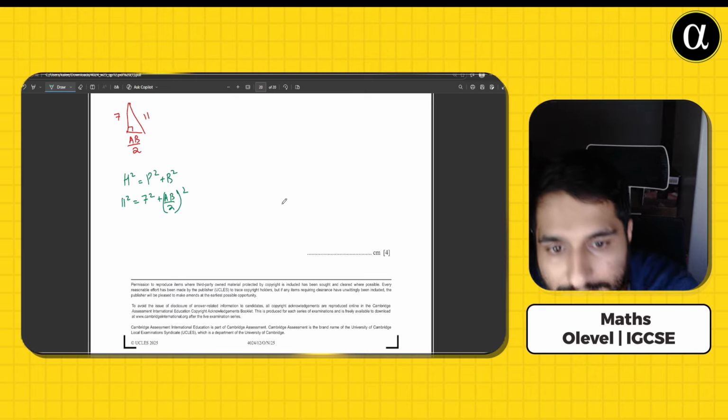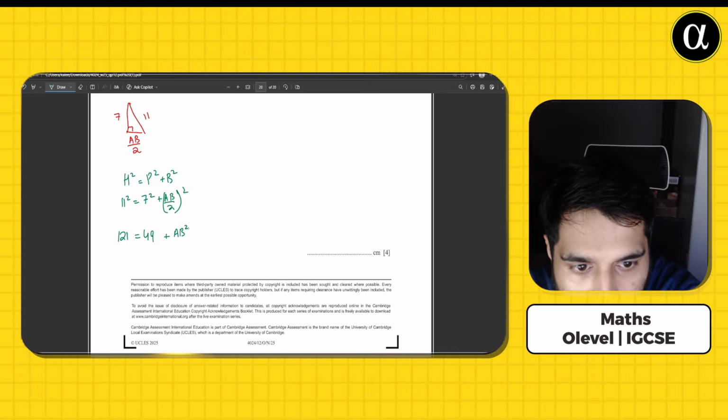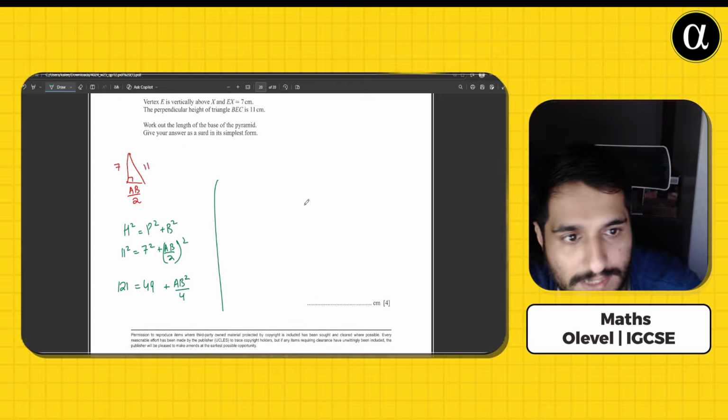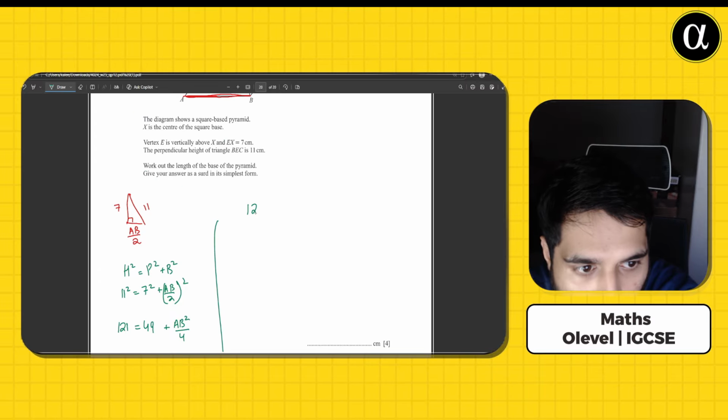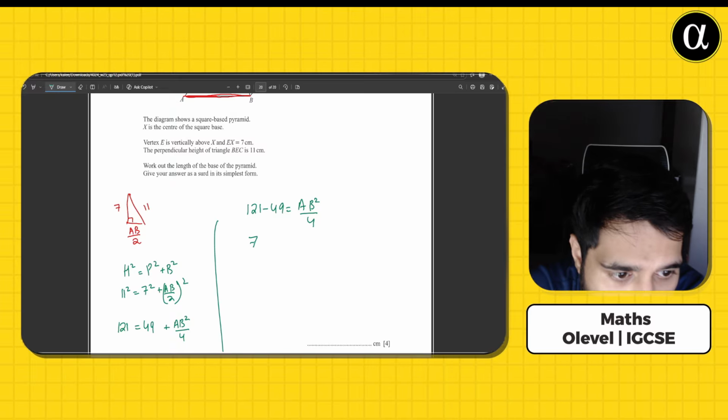When we simplify, 11 squared gives us 121 is equal to 49 plus AB squared over 4. So 121 minus 49 is equal to AB squared over 4. What is 121 minus 49? That is 72, I believe. 72 is equal to AB squared over 4.